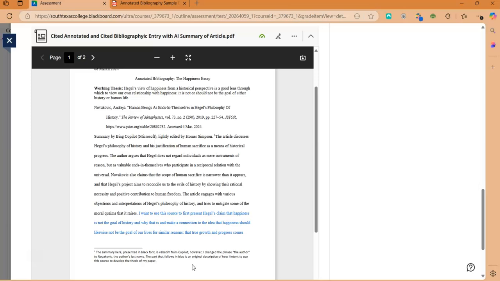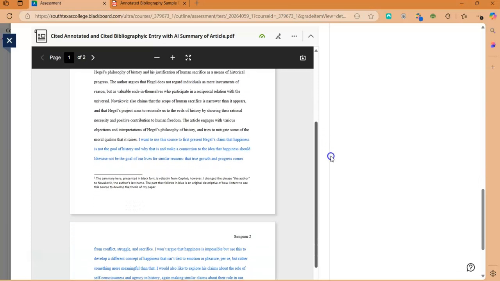Now, this article was kind of long and it's dense to read, and it's about this philosopher's philosophy of history. But I'm going to use this as a lens through which to make an argument about happiness. And believe it or not, I got this idea right here about Hegel's view of happiness from the Quest for Happiness article.